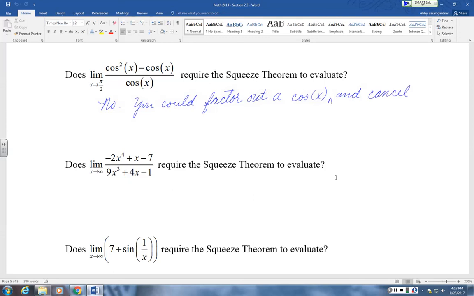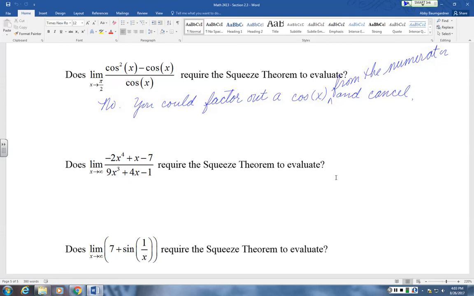Factor out a cosine from the numerator and cancel. So no on that one.